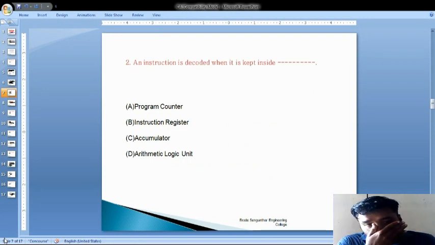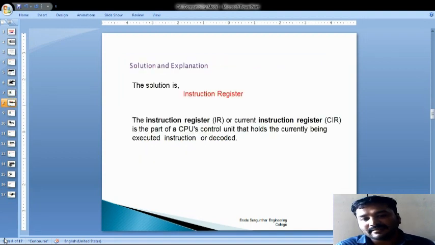Another one: an instruction is decoded when it is kept inside what part? Program counter, instruction register, accumulator, or arithmetic logic unit. An instruction is decoded whenever it is kept inside the instruction register, because the instruction register IR is the current register.